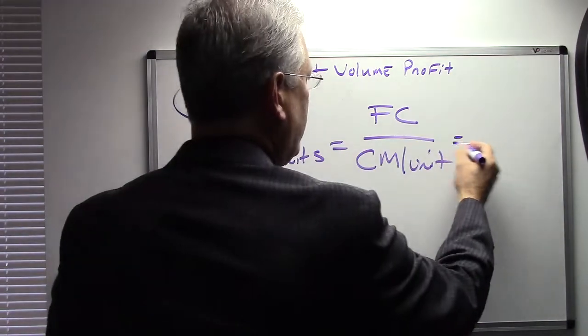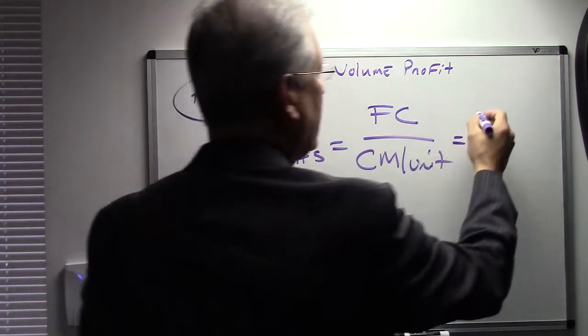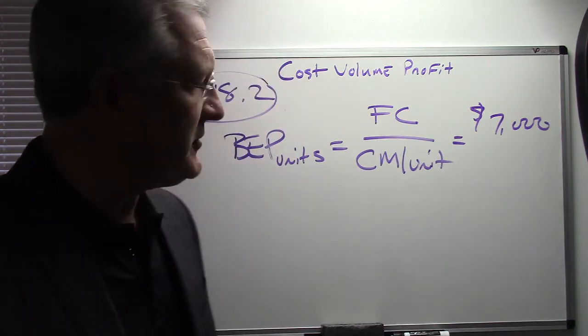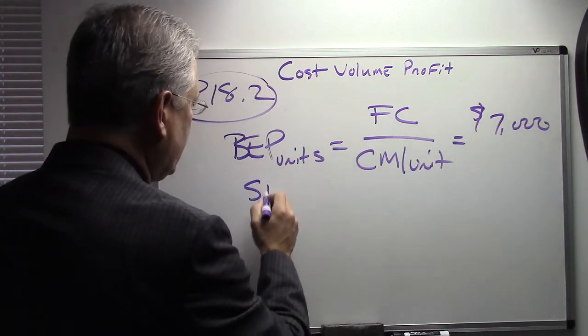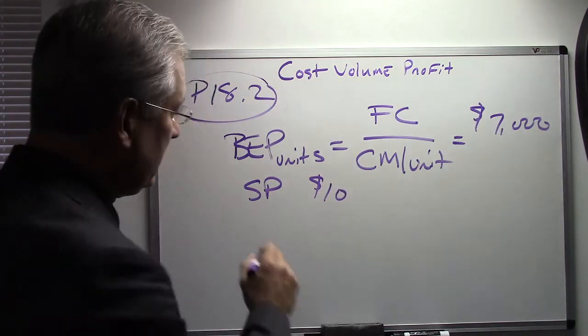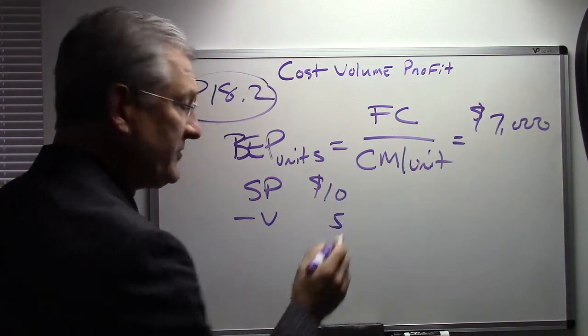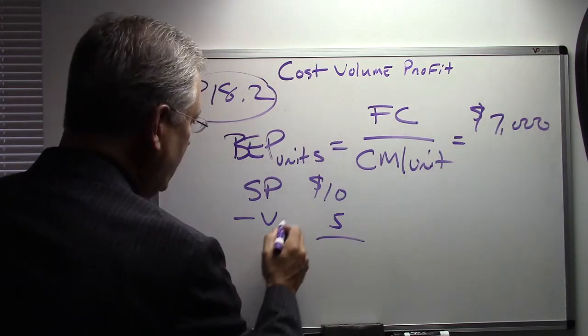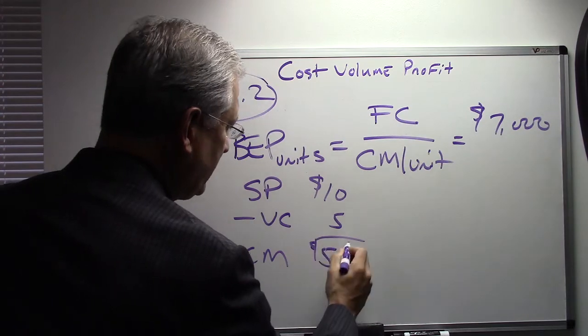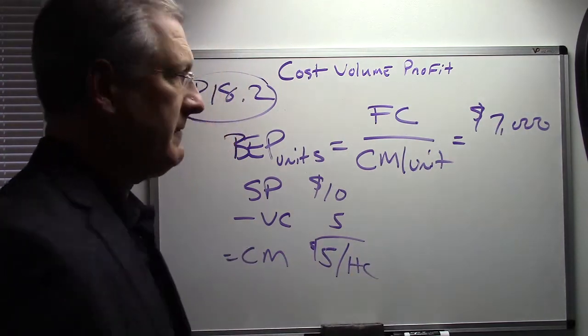In this example, the fixed cost we just calculated to be $7,000. But what's the contribution margin per unit? It's the sales price, which they said is $10, less the variable cost, which we just determined to be $5. So the contribution margin is $5 per haircut.